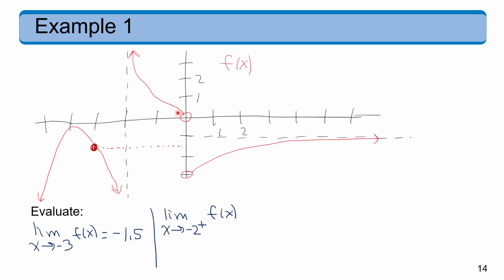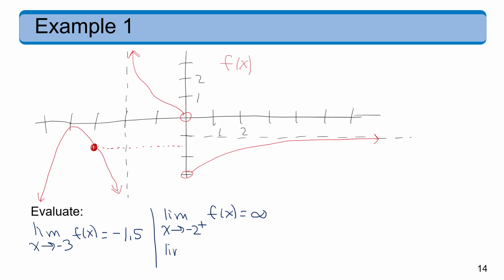So that means we'd be following along this part of the curve, and notice it's going up towards positive infinity. So the limit would be infinity. So that's an example of an infinite limit, when the limit value is infinity. It's also a type of not existing, right? We would say this limit doesn't exist, but by saying infinity, it's a specific way that it doesn't exist.